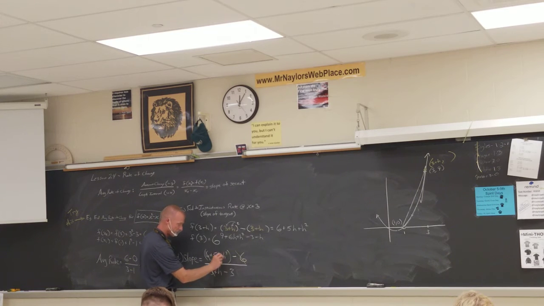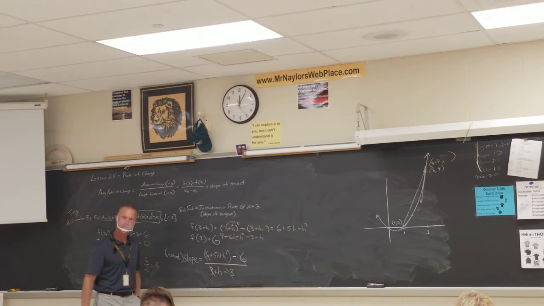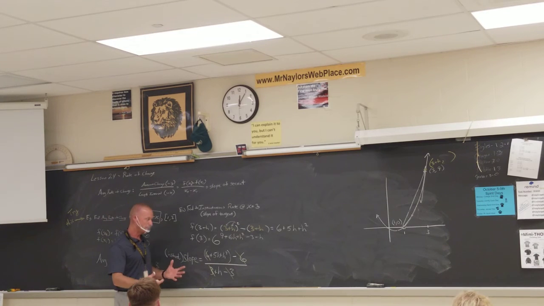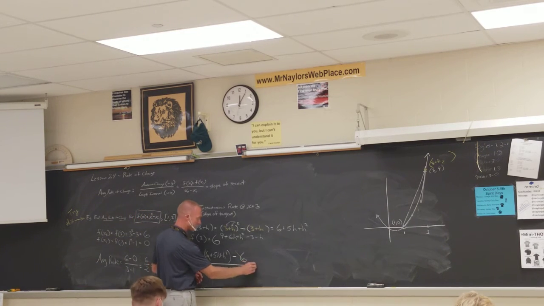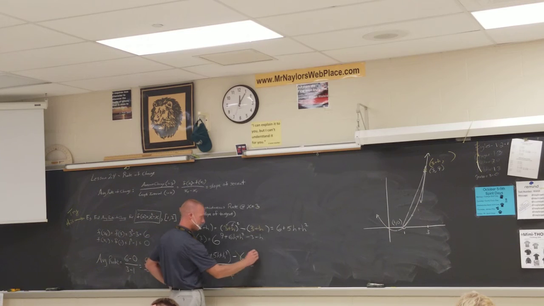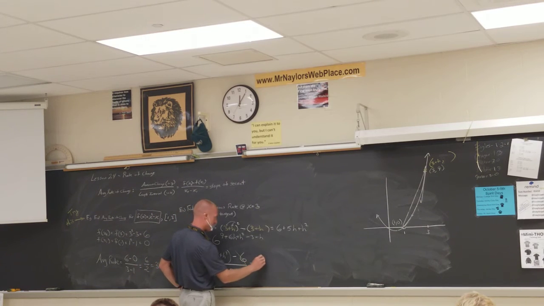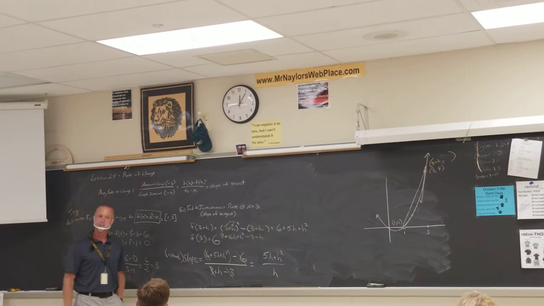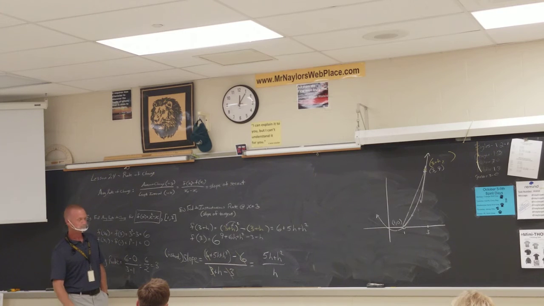This isn't that hard. All you're seeing me do is some basic combining like terms. It looks like the 6's cancel. It looks like the 3's cancel. This is interesting. I get a slope that has an h in it. Keep watching.